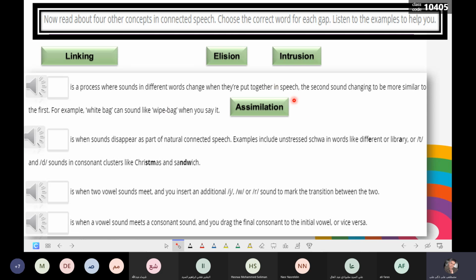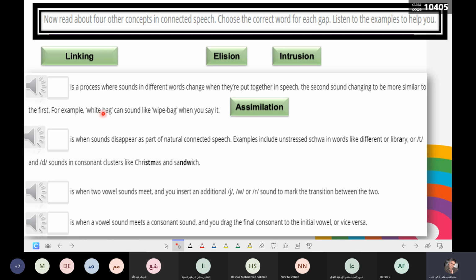Here is an important feature of English pronunciation: assimilation. Assimilation is when two sounds follow each other, and one of them is affected, changing to the other. If you look at the word white and the word bag, the first word white ends with the sound t, and the second word starts with the b sound.